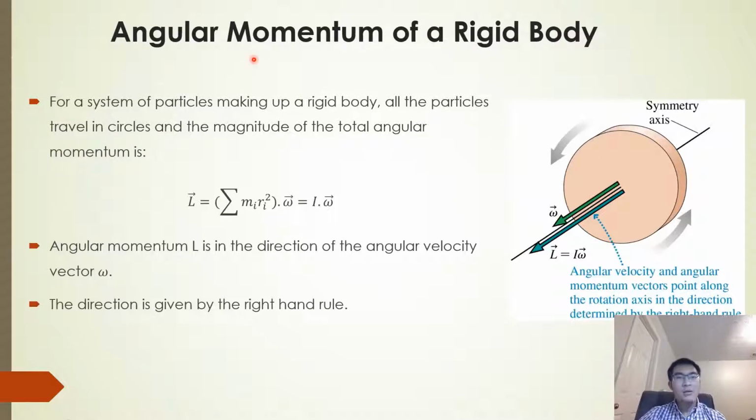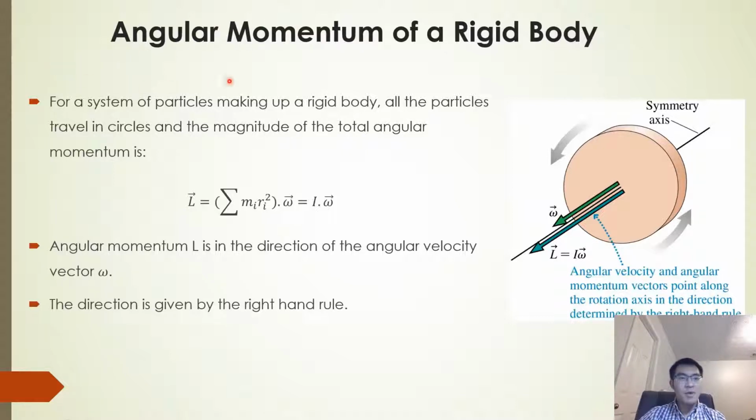Now I will talk about the angular momentum of a rigid body. We can find an expression for the angular momentum of a rotating rigid object by considering it to be a collection of particles orbiting the common rotation axis.